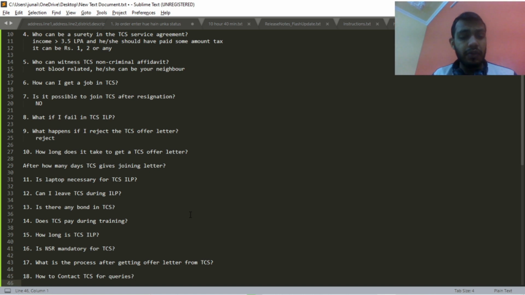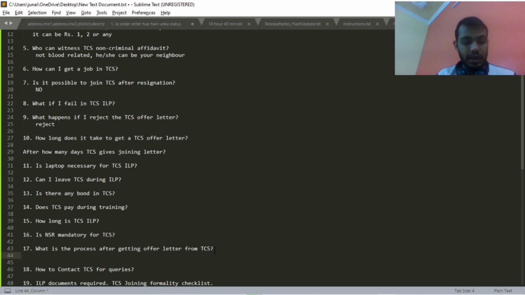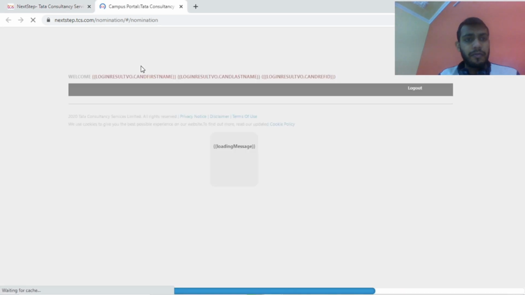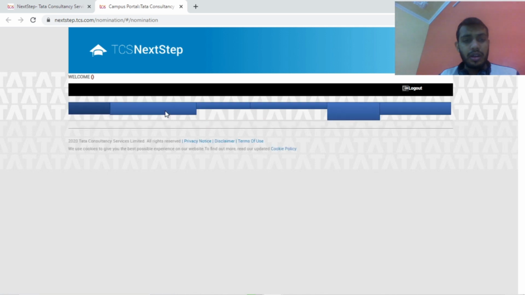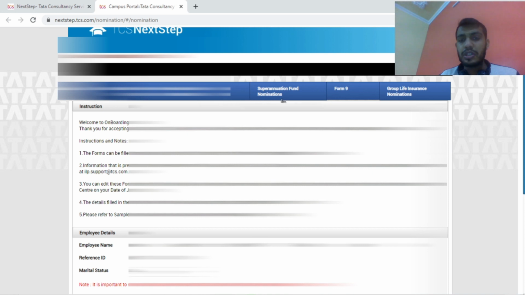What is the process after getting the offer letter from TCS? There are 3 steps. In the first step, let me show you, you go for onboarding, where you have to fill provident fund, EPF and gratuity fund nomination, superannuation fund, form 9, and group life insurance.